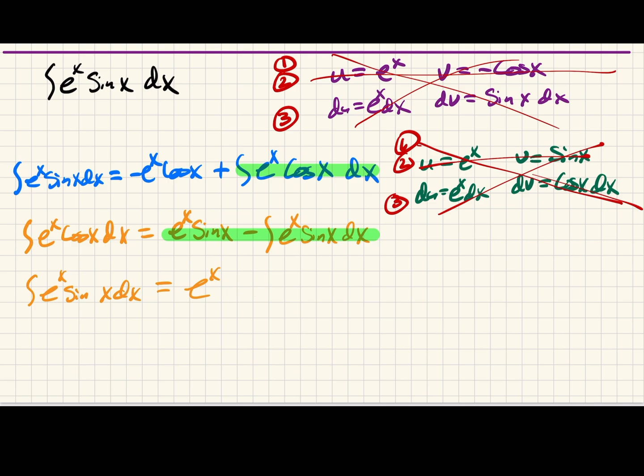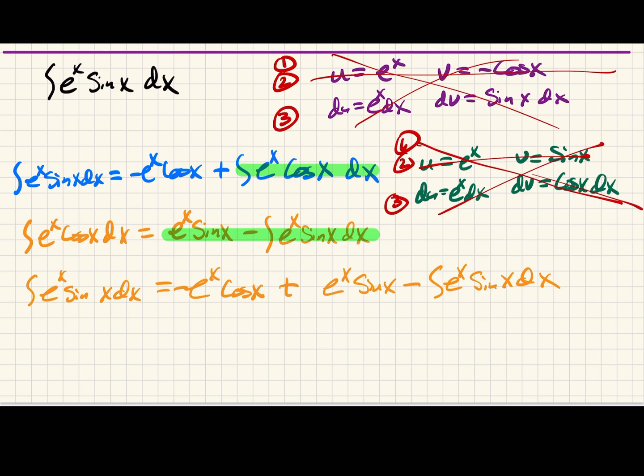I'm looking at the wrong line. I probably should have done it in the right color. Minus e to the x cosine x, plus now we're making the rest of this e to the x sine x minus the integral of e to the x sine x dx. This is what you're saying, right?